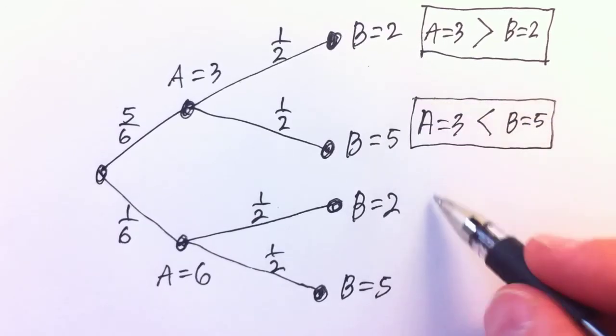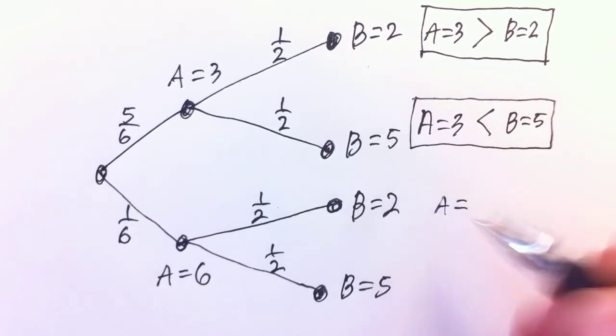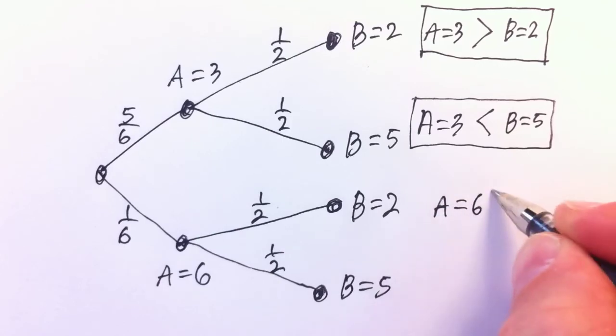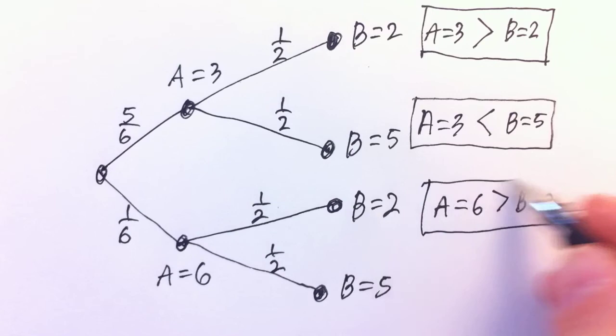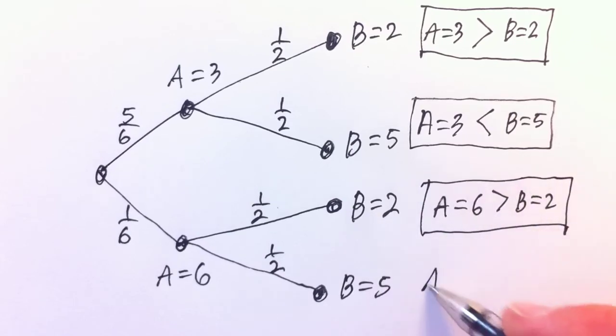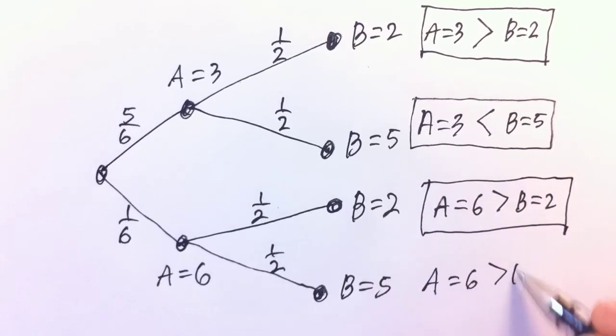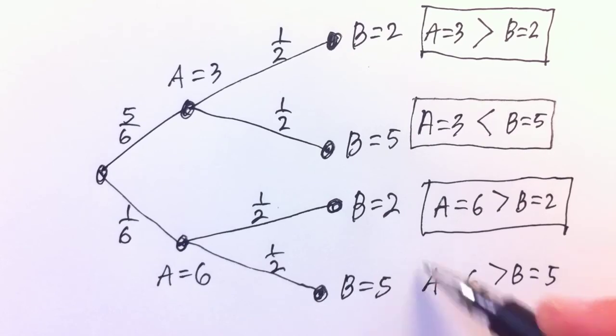Here we have A equals 6, greater than B equals 2, and A equals 6, greater than B equals 5.